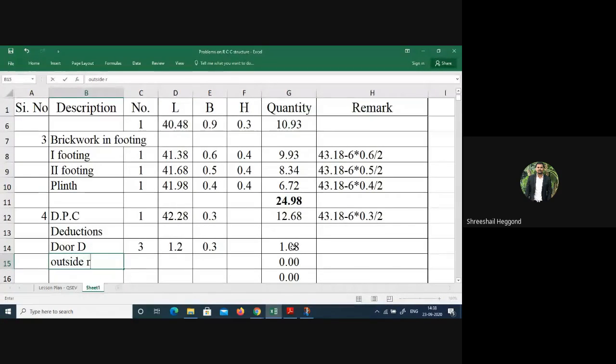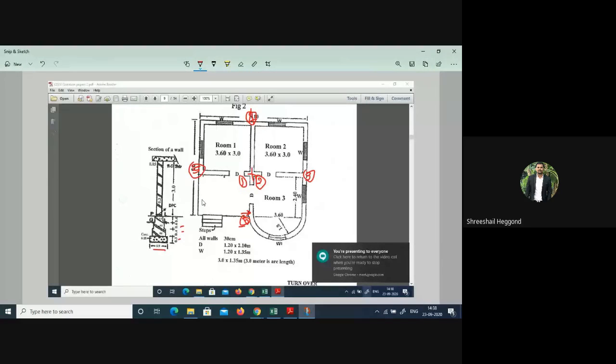Next, for outside rooms, length of wall you have to deduct. That will be this wall and this wall. That is 2.4 internal dimension. Center to center, it will be 2.55 you have considered. And horizontal also, we have considered 3.6 internal and center to center 3.9. The center to center length you have to deduct over here.